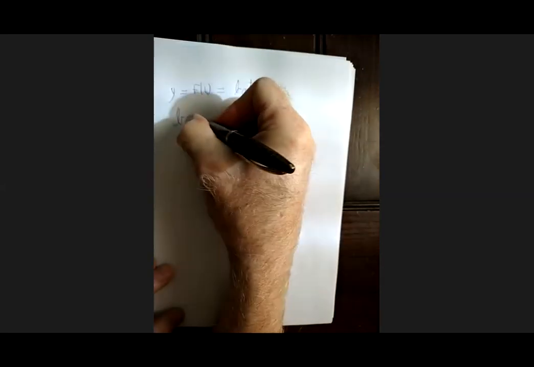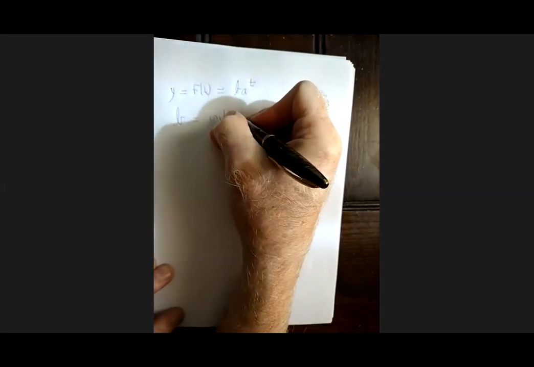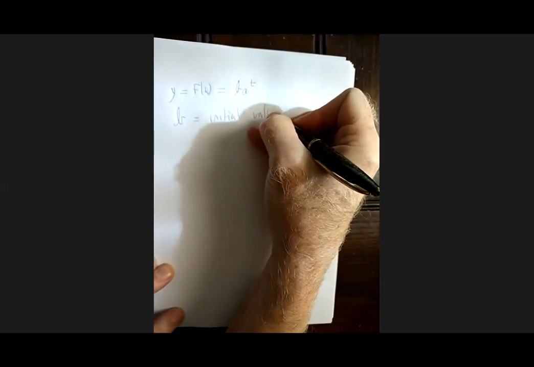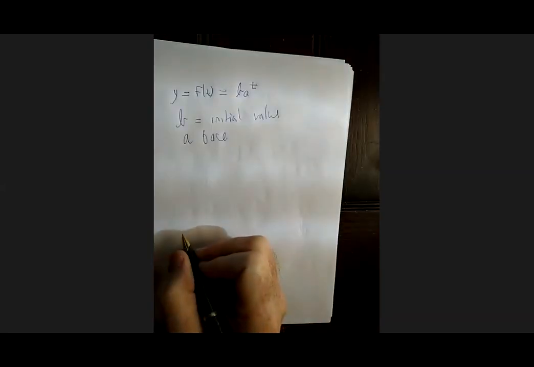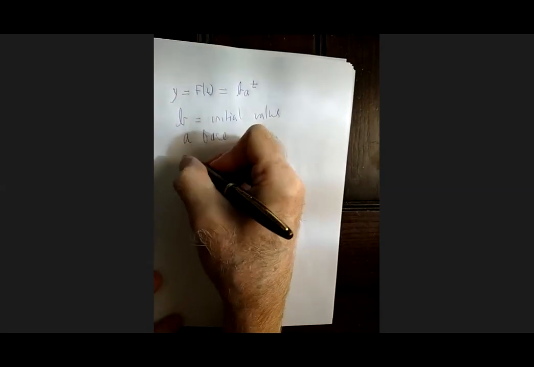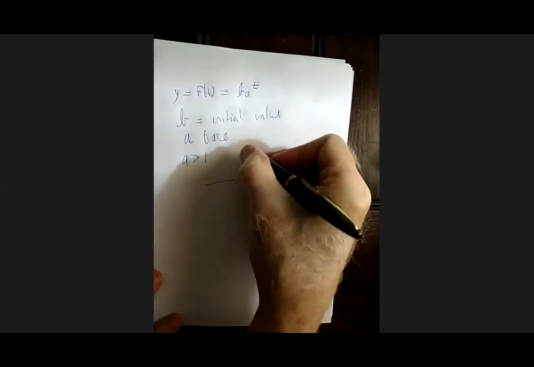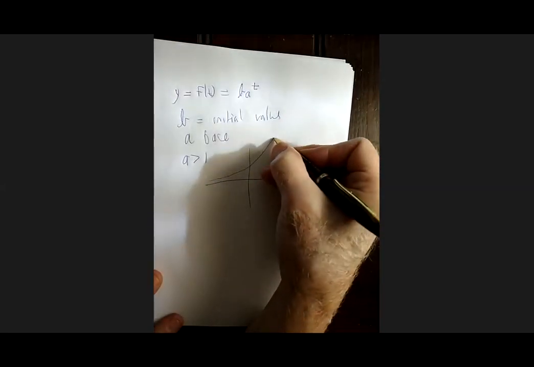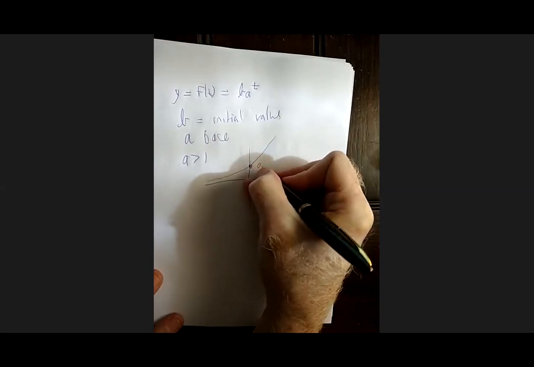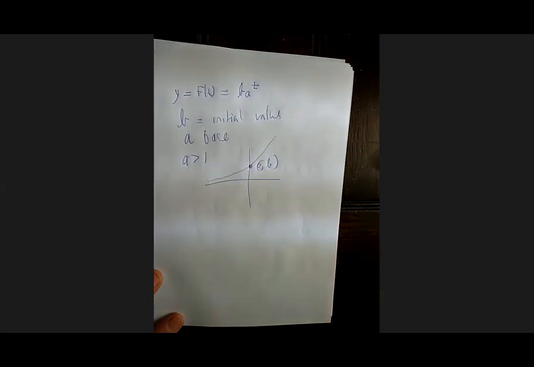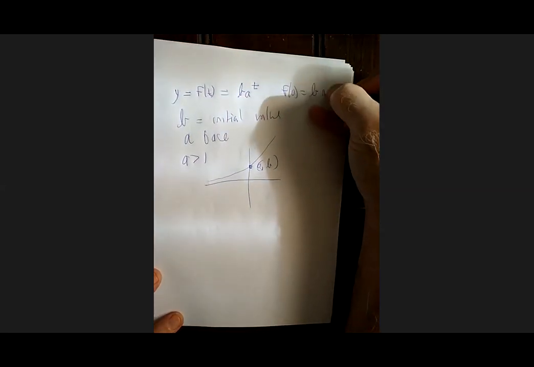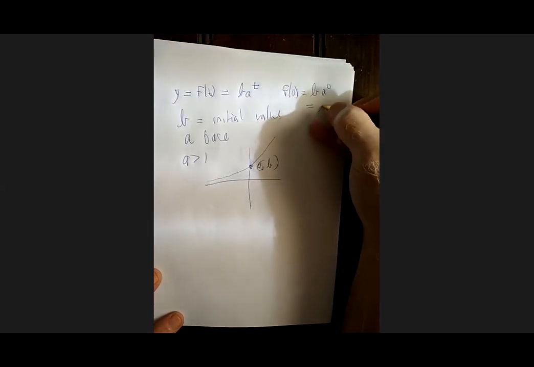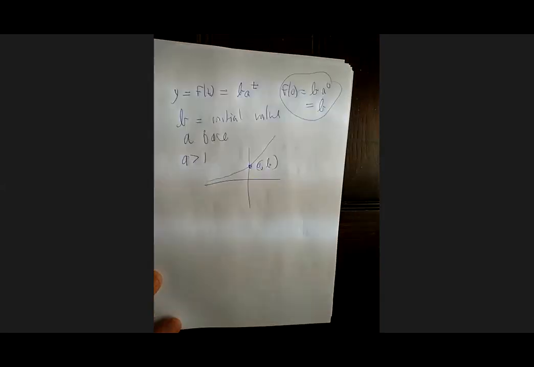And b is the initial value, and a is the base. And if a is greater than 1, this is what the graph is going to look like. That point is (0, b). If you plug in 0 into the function, you get b times a to the 0. A to the 0 is 1, so that's going to be b.